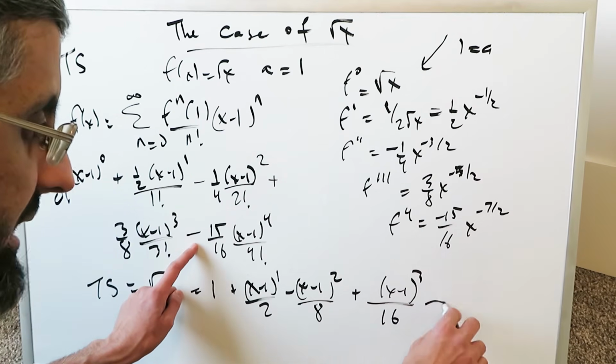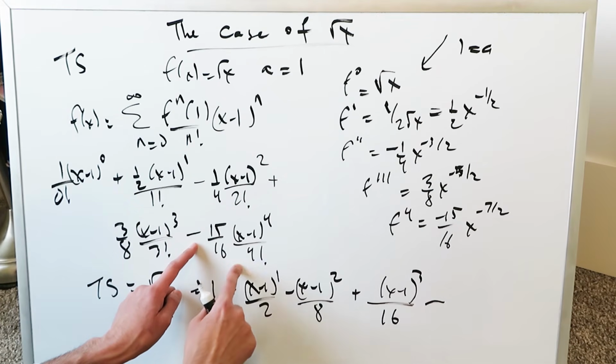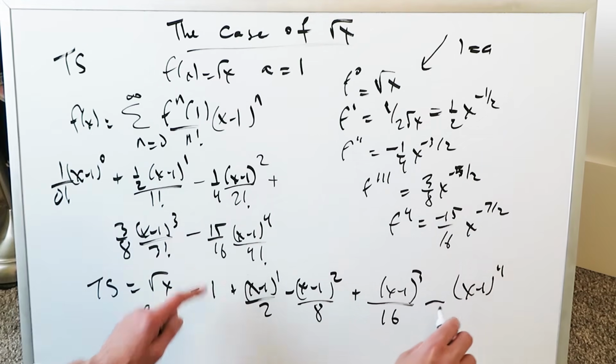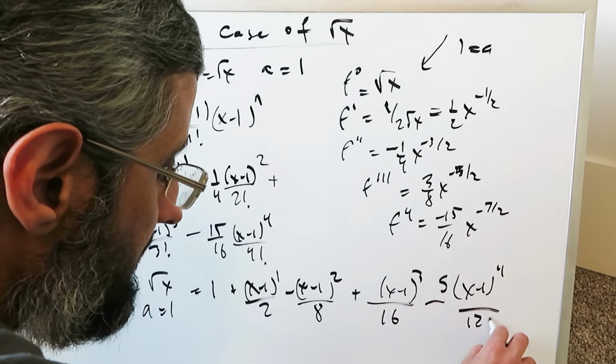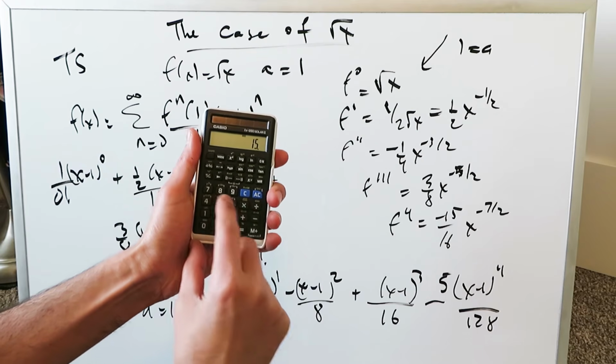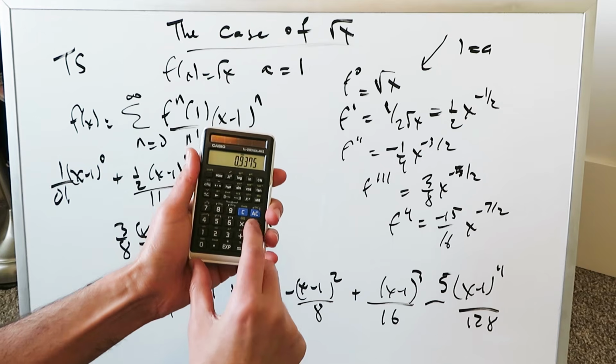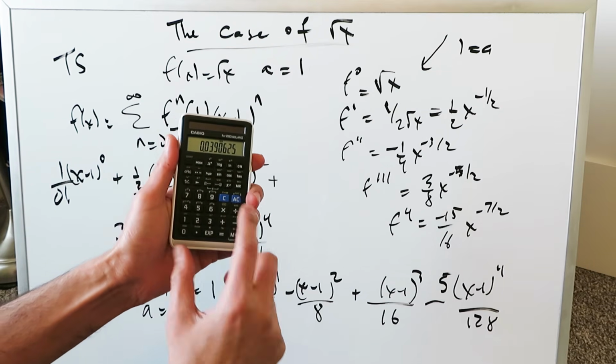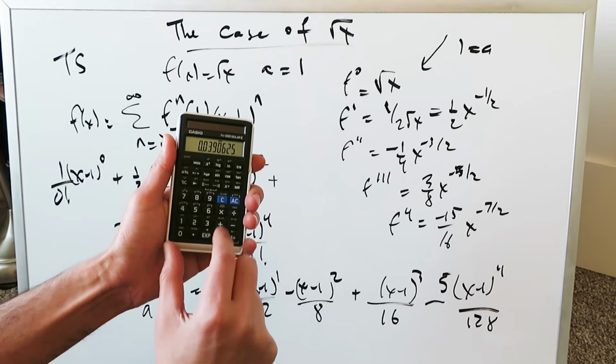Last item, minus. We have over here 16 times 4 factorial, which is 24. 3 goes in that, 3 goes in that 24 item. You'll end up with x minus 1 to the power of 4. You'll have over here 5 over 128. 15 divided by 16 divided by 4 factorial 24. I'm getting 0.039, and that should be 5 divided by 128, 0.039.